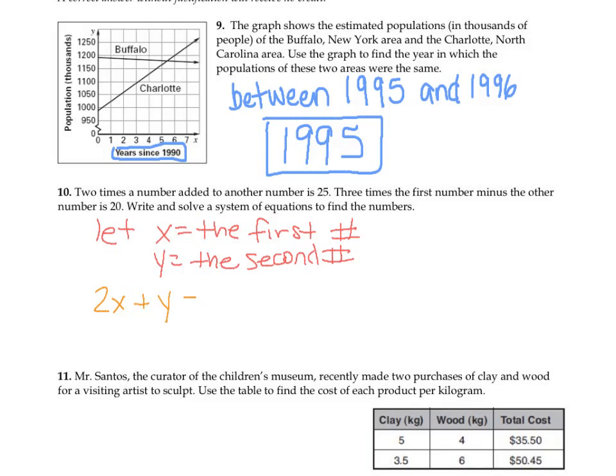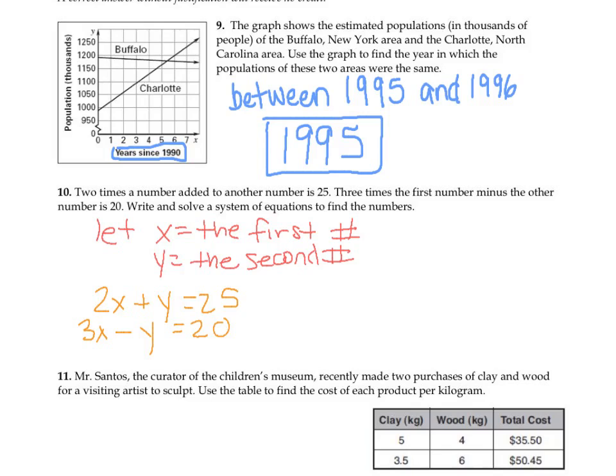Is means equals, so equals 25. The next sentence tells us 3 times the first number minus the other number is 20. So 3 times the first number, so the first number was x, so 3x minus the other number, so the other number is y, is 20, equals 20.